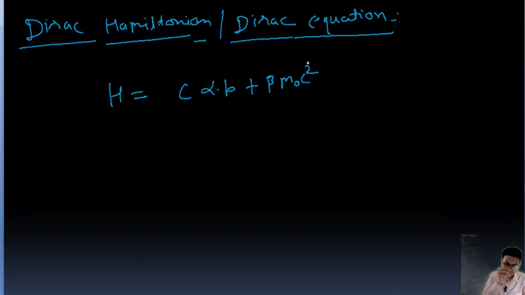So the Dirac Hamiltonian is c alpha dot P plus beta m naught c square.